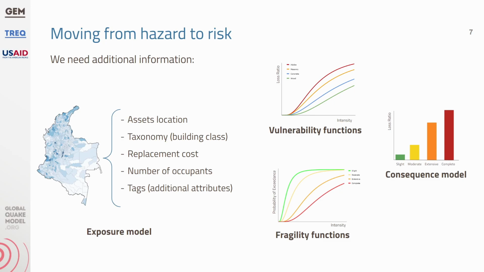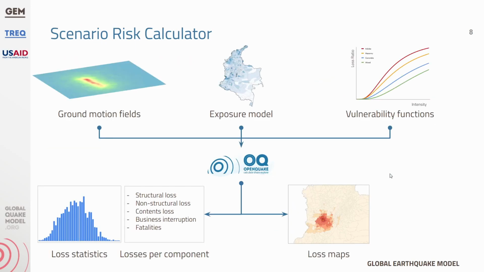If preferred, rather than inputting vulnerability curves, the user can also input fragility curves in combination with a consequence model, and then you will be able to estimate damage and also economic and human losses. With all this information, we will be ready to basically estimate everything required for an earthquake scenario.